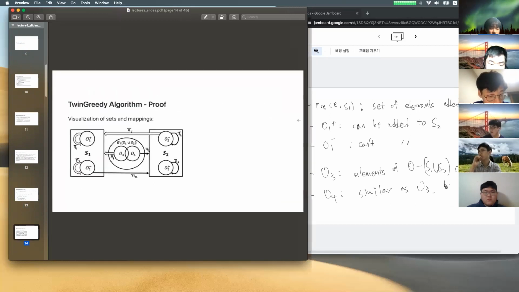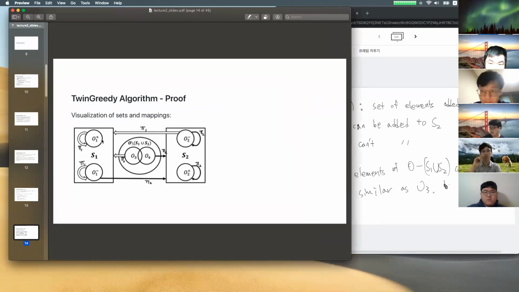So until now, we can assume we have pi1 and pi2, and we can visualize them as in this figure.